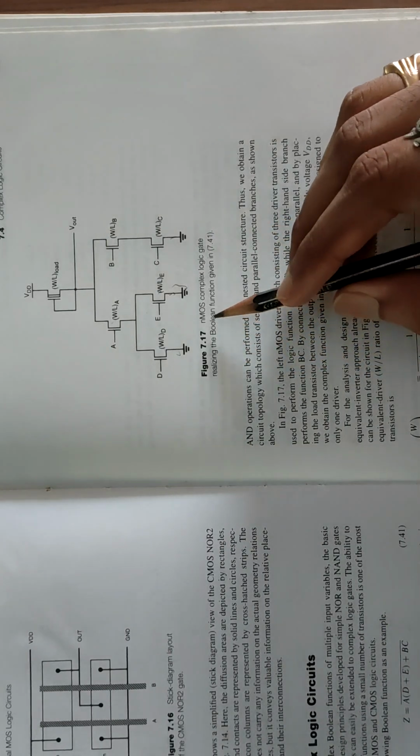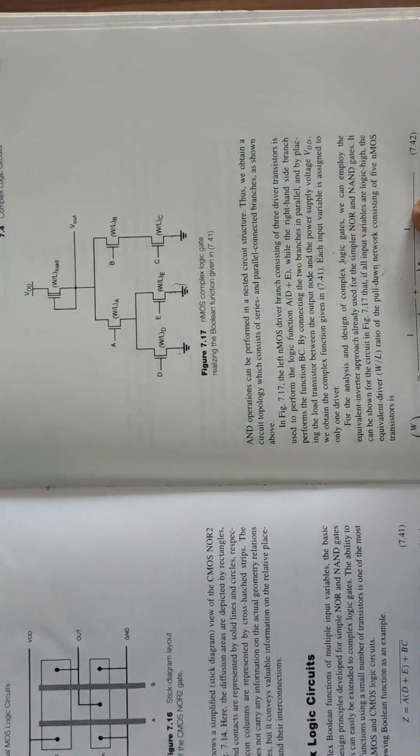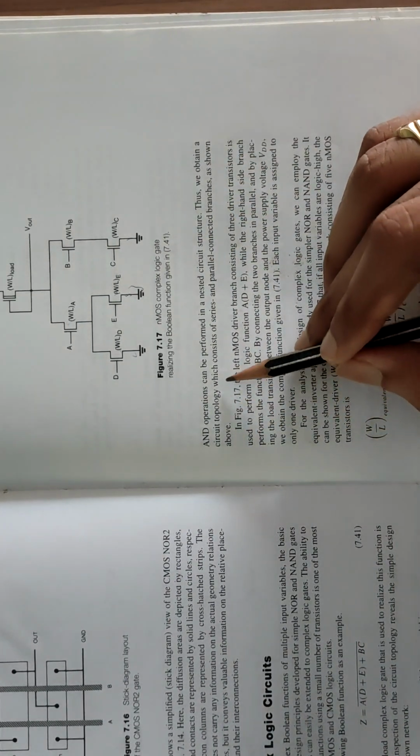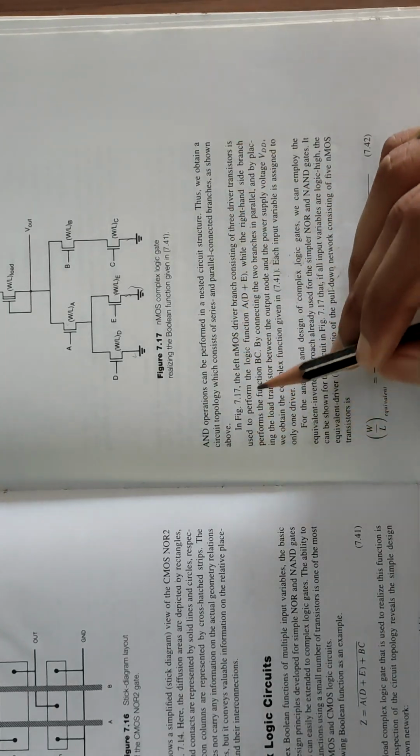Here you can see in this figure an NMOS complex logic gate realizing the Boolean function given in the equation. Thus we obtain a circuit topology which consists of series and parallel connected branches as shown above.